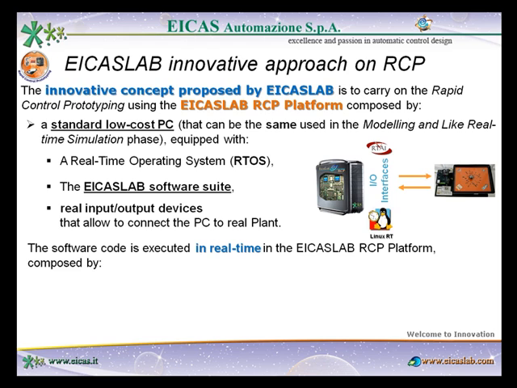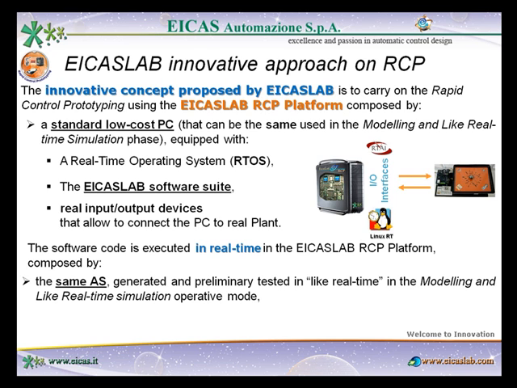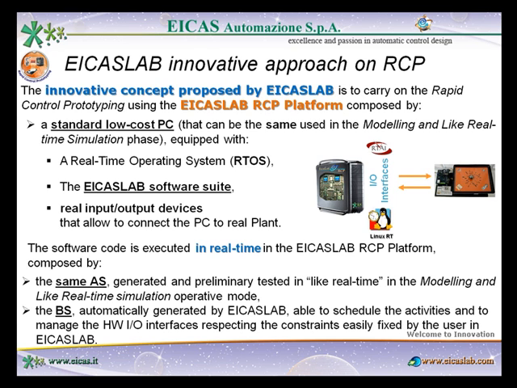In the EICASLAB RCP platform, the software code is executed in real time, and it is composed by the same application software generated and preliminarily tested in like real time in the modeling and like real time simulation operative mode, as outlined in the previous slide, and the basic software, which is automatically generated by EICASLAB and which is able to schedule all the activities of your control system and to manage the hardware input-output interfaces respecting the constraints which are fixed by the user in EICASLAB through user-friendly graphical user interfaces.